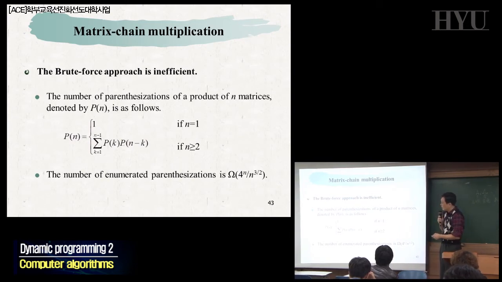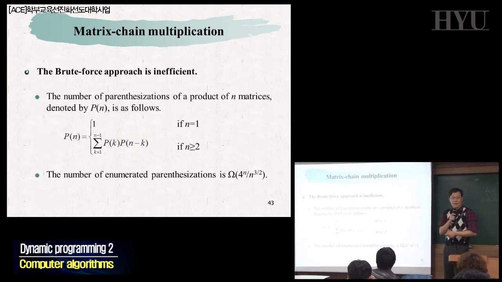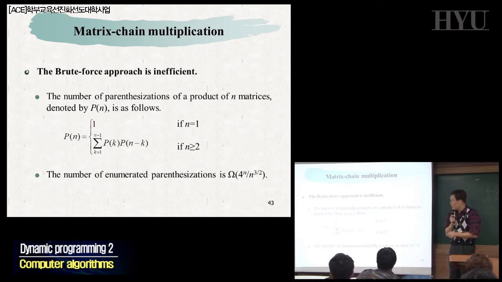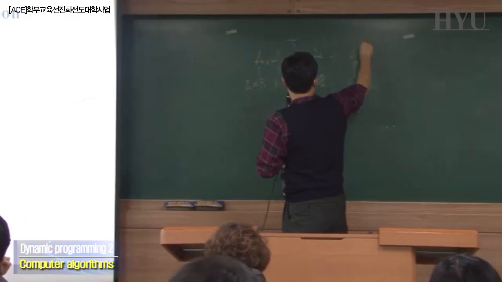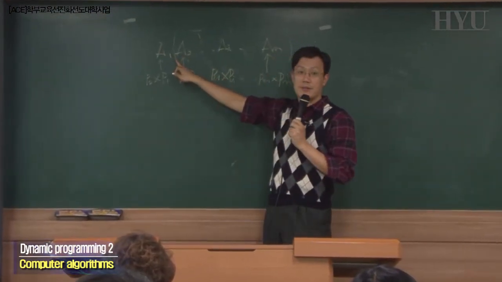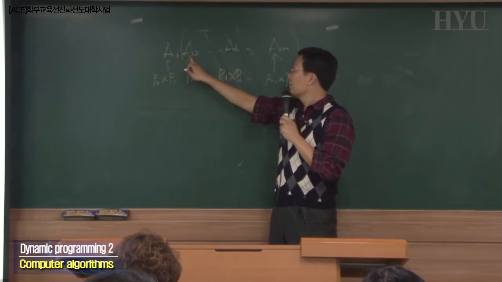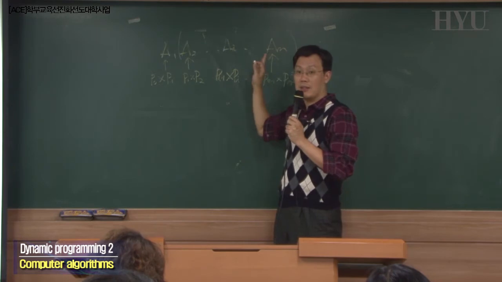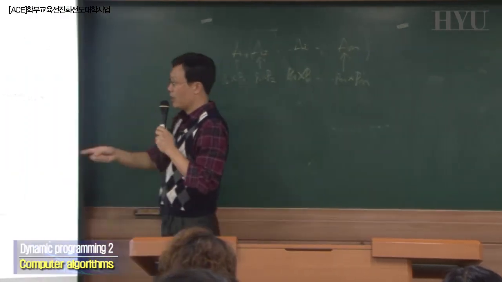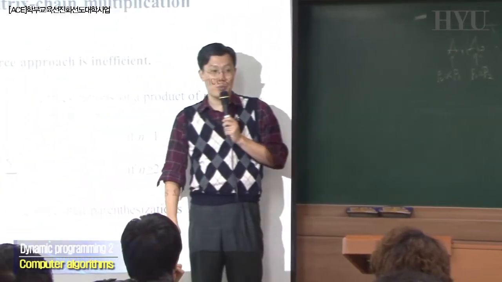So, when the last multiplication is the first one, it means P1 by Pn minus 1, that is this case. Then there are some possibilities to parenthesize this part. It is denoted by P of n minus 1.